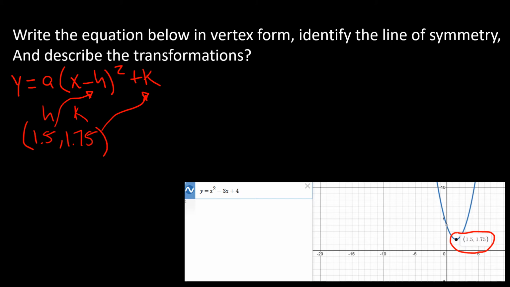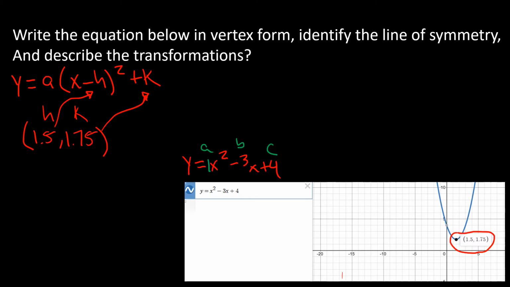Your a is actually going to end up being the a from this equation here. So this equation in standard form is y equals x squared minus 3x plus 4. Your a, your b, and your c, well, your a here is just a 1.